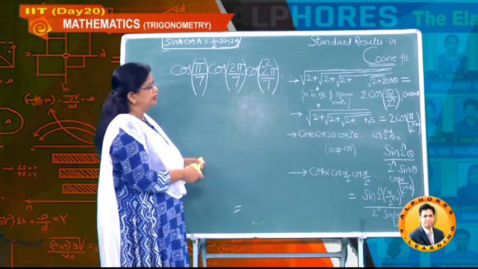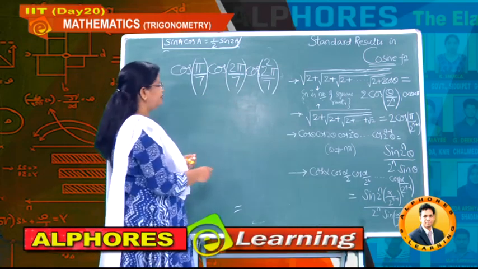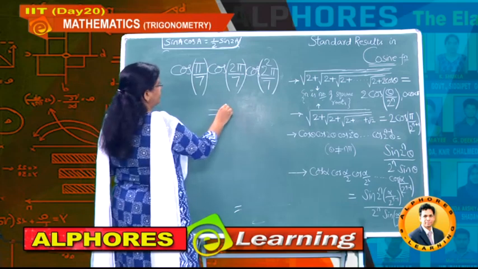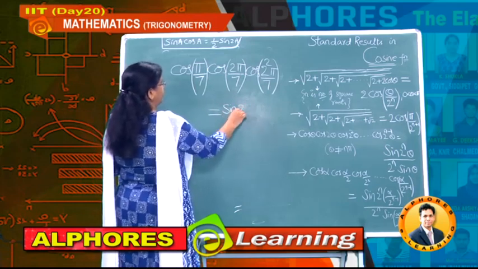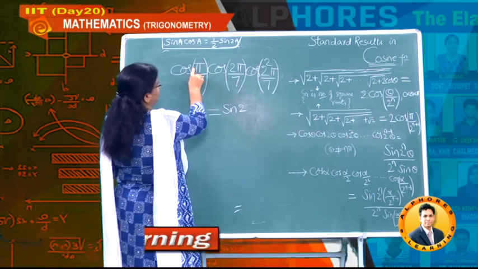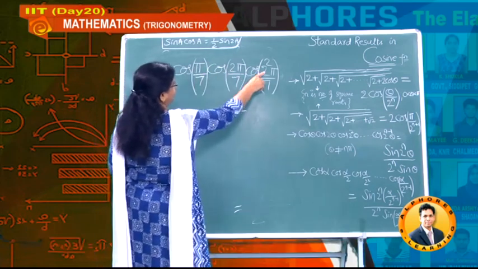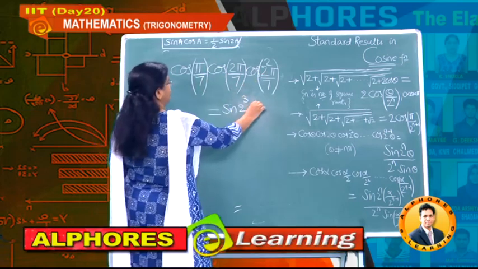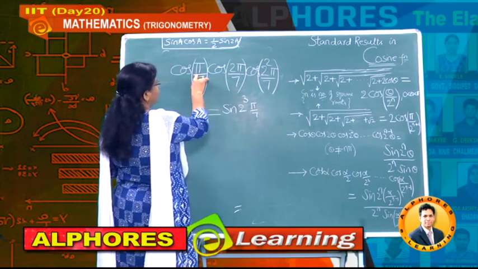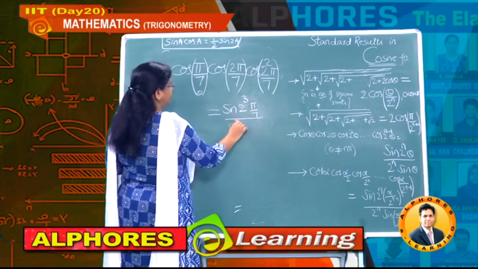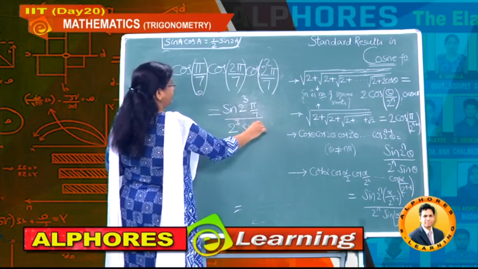So what is our next result? The answer is nothing but how much, students, here? It is equal to sine 2 to the power of n. So 2 to the power of n means what is the continuation here? 2 power 0, 2 power 1, 2 square. So this is 2 cube, right? And pi by 7, and divided by, this is our theta, okay? And now the whole divided by 2 cube sine pi by 7.